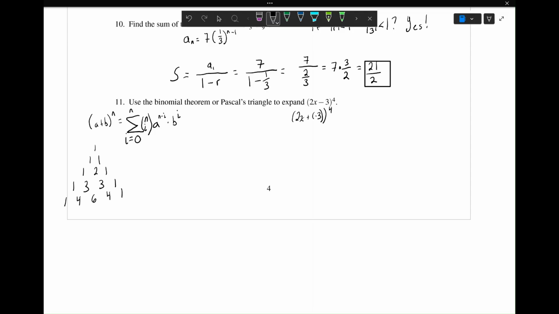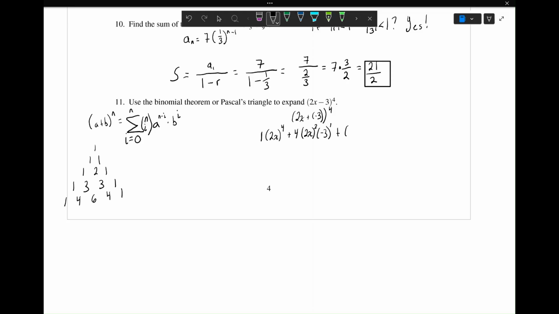So I'm going to use the row that has a 4 starting in it. So I'm going to have 1 times the first thing to the fourth power, and notice that 2 comes along with it because that's part of the first term, plus 4 times, now I'm going to go down a power on the 2x and then bring in a negative 3 to the first power.